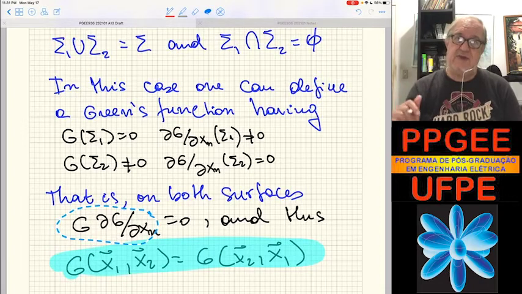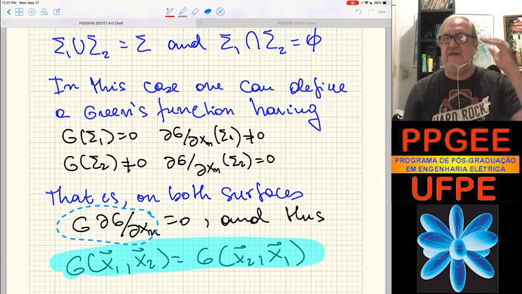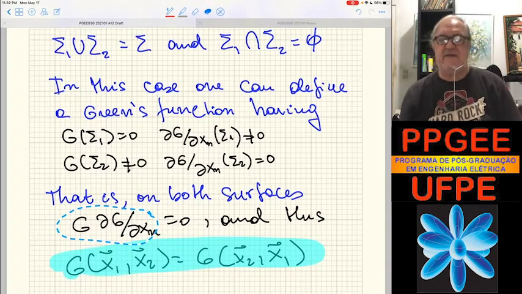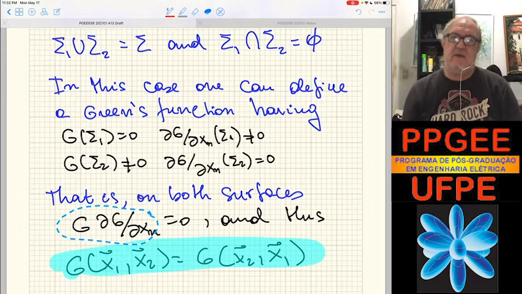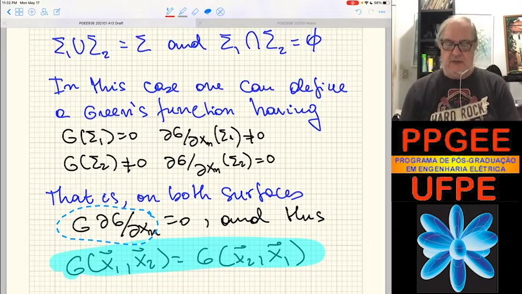If we have that choice of Green's function, in parts of the surface G is 0, that's where the normal derivative of the potential is given. On the other part, the normal derivative of the Green's function is 0, in other words, when the potential is given. Okay.